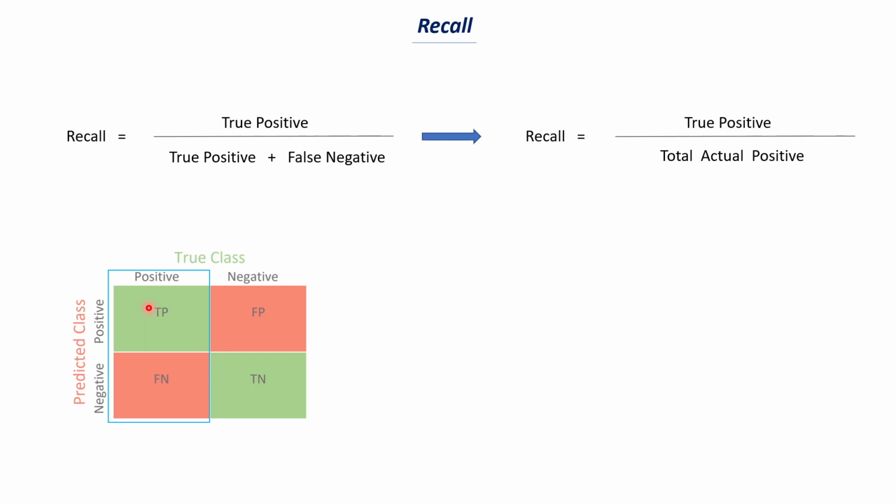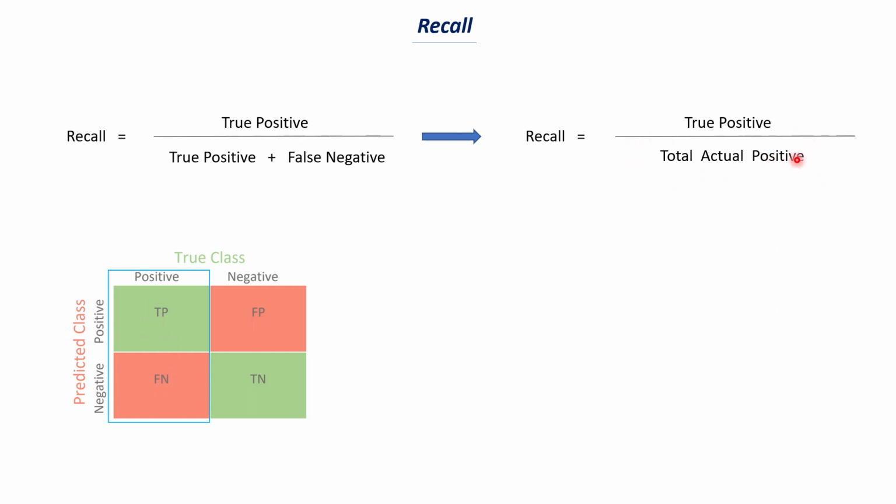So here the true positive count is 200. And the false negative count is 50, because the total number of people with COVID-19 infection positive is 250. So the true positive count is 200 and the false negative count is 50. These two things contribute to your total actual positive.